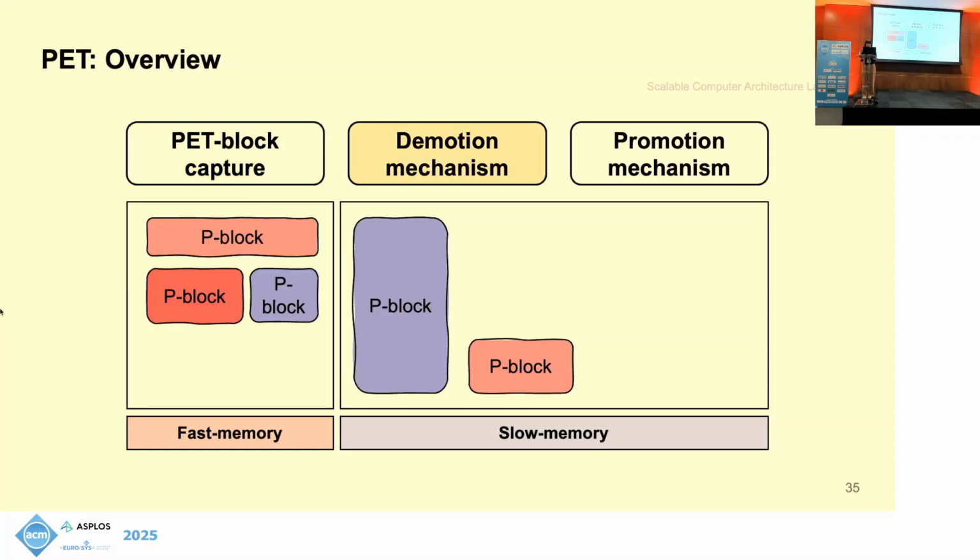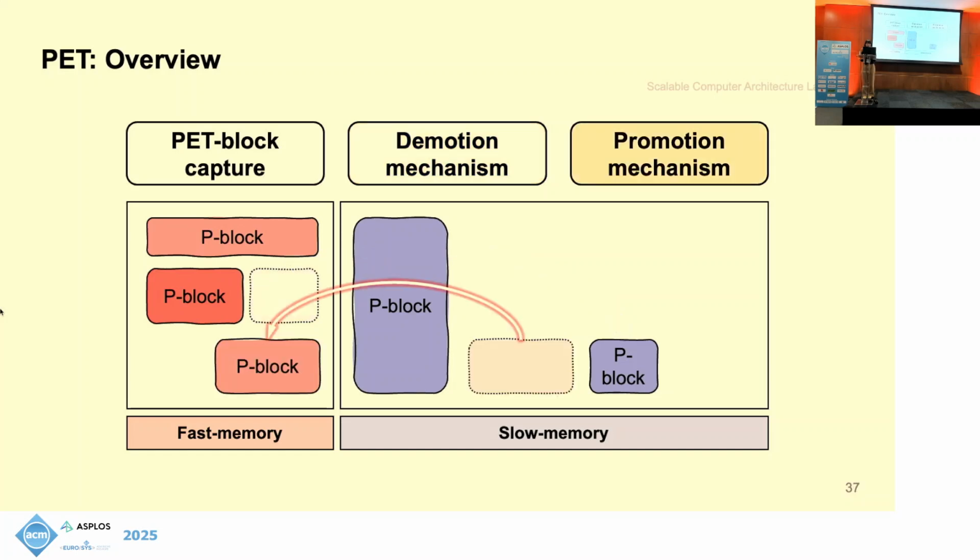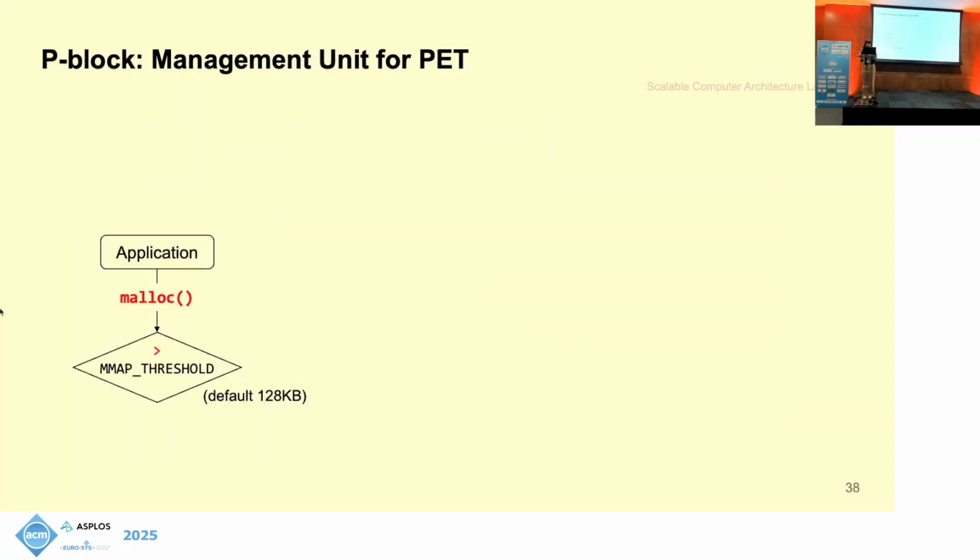Second, the demotion mechanism tracks the access in a P block granularity and performs proactive demotion through multiple steps based on P block information to reduce fast memory usage with low performance overhead. Finally, the promotion mechanism tracks access to demoted P blocks and performs promotion to mitigate the performance drop caused by slow memory accesses. First, I will explain our P block capturing mechanism.